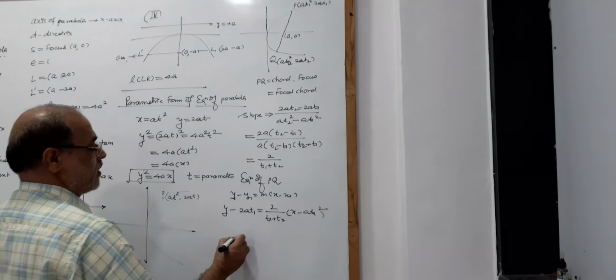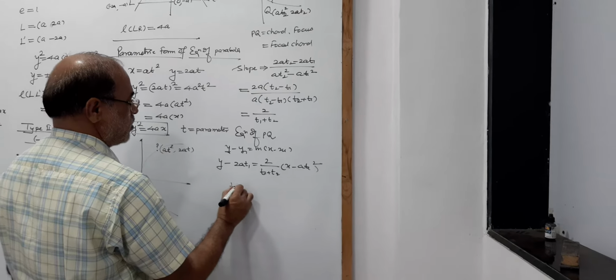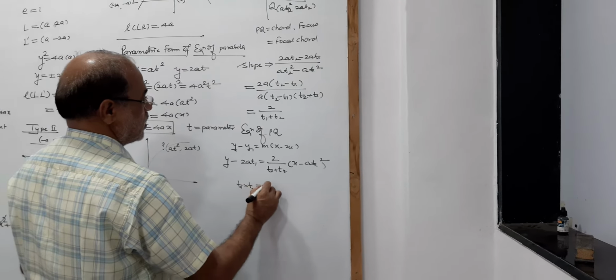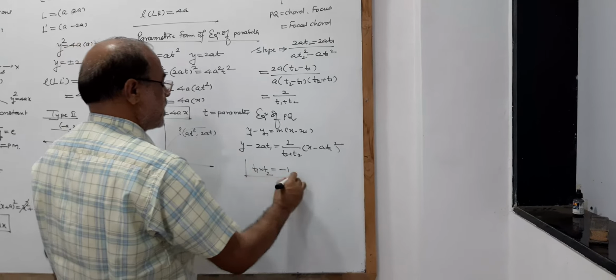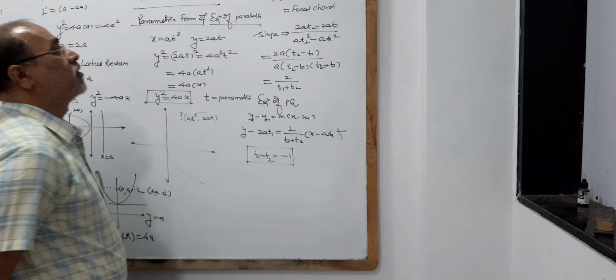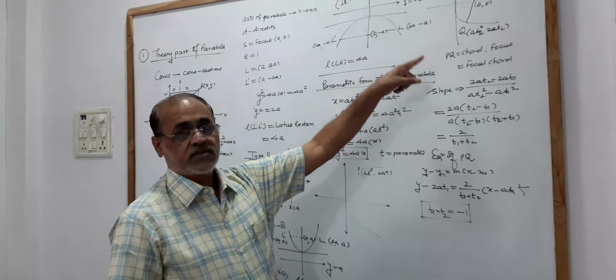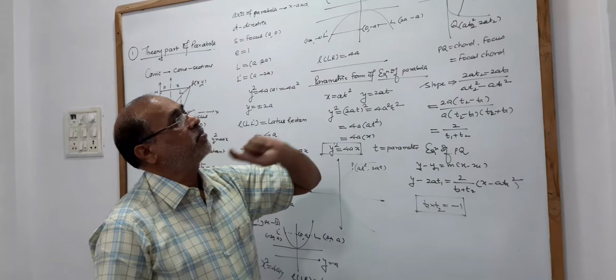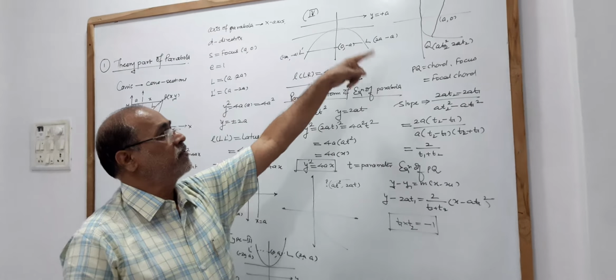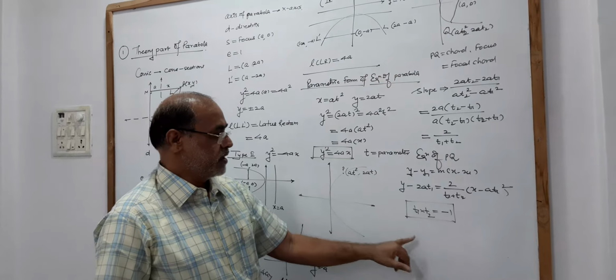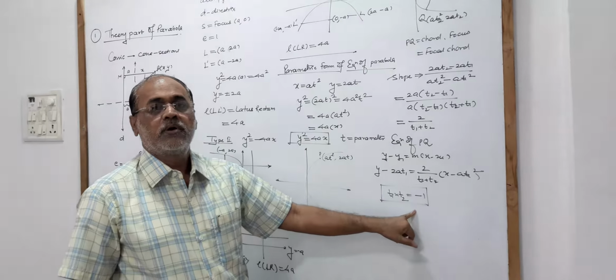On simplification, you will get t1 into t2 equal to minus 1. This is the condition for a focal chord. For any focal chord PQ which passes through the focus, with parameter t1 for point P and parameter t2 for point Q, the relation is t1 into t2 equal to minus 1.